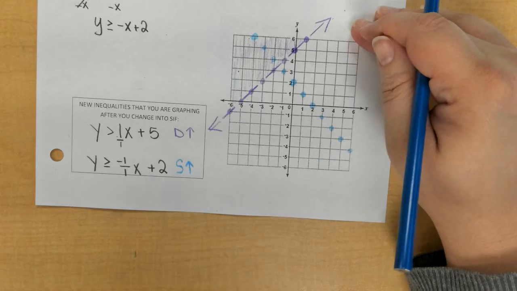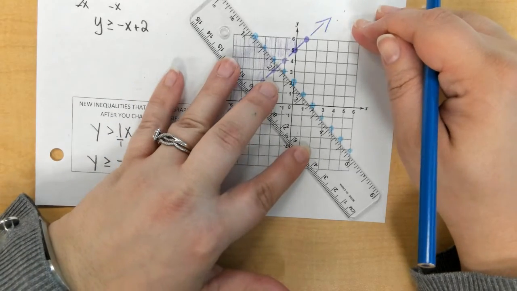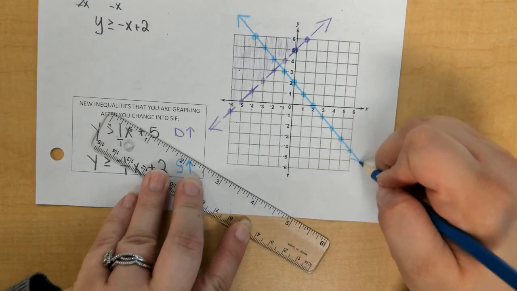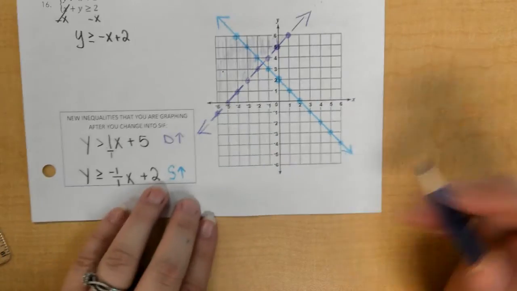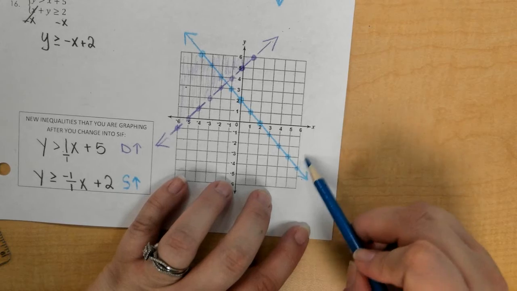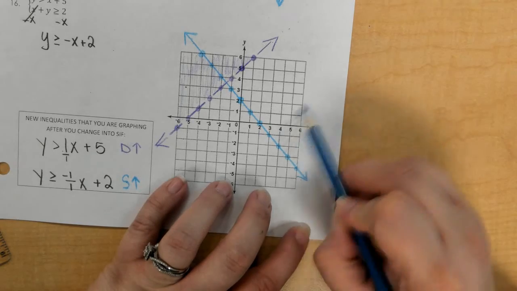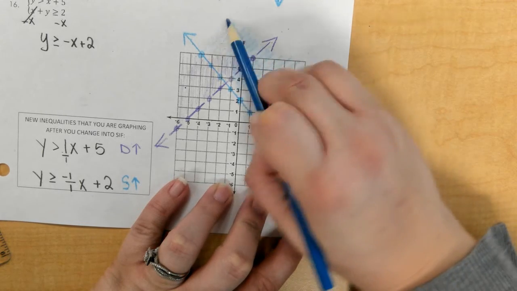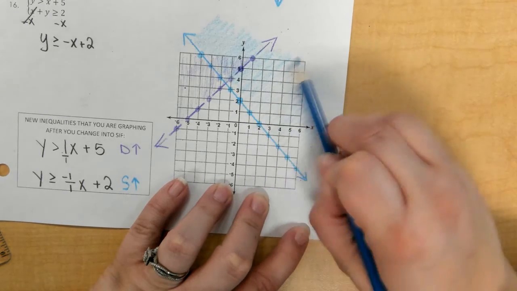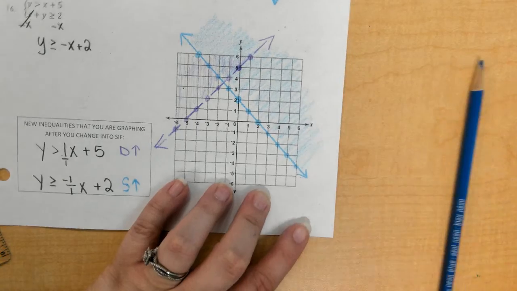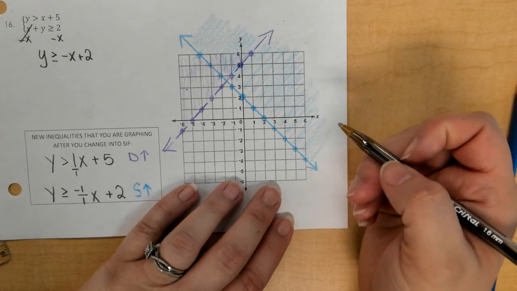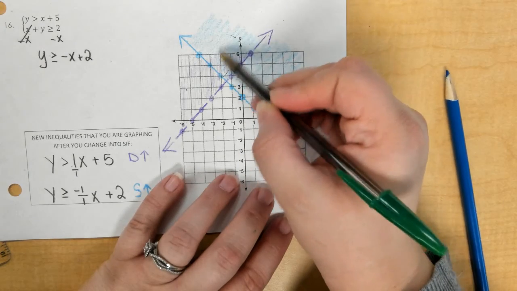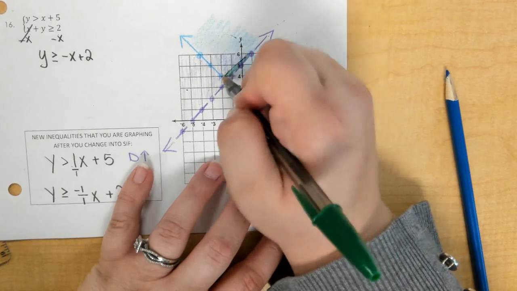And then that was a solid line. And here we have to shade above. So the part that overlaps, or the intersection of shading, would be this section right here. It has purple and blue.